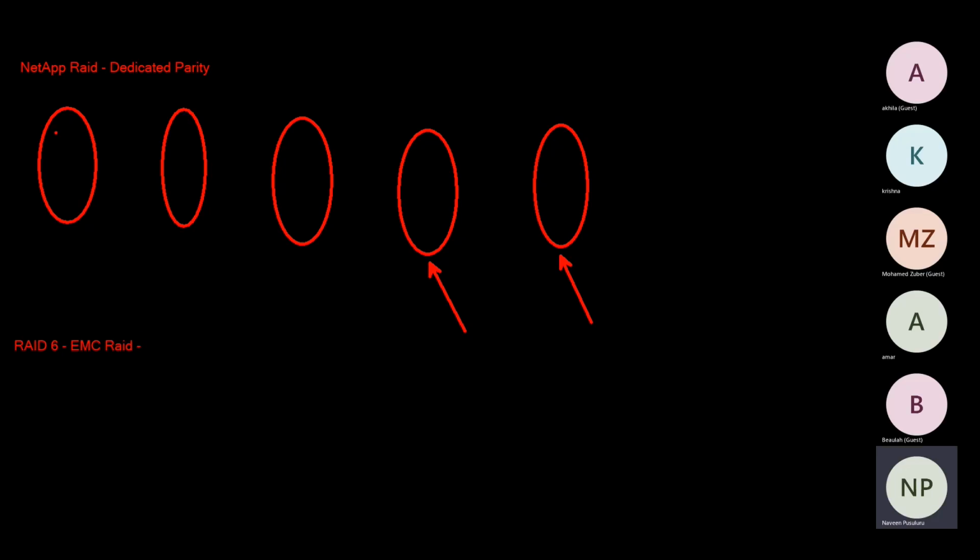So normally how will it work? C in parity will have all the data, A plus B plus C. And parity 2 will have diagonal data. I'm not going to calculate that.